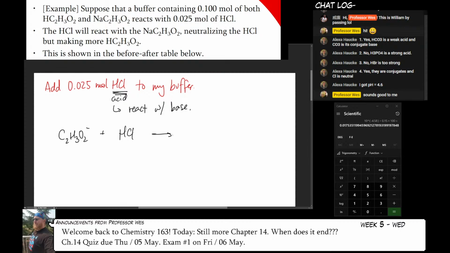And that's going to form this. The Cl minus is just going to hang out, but we don't really care about this, because that's not part of the buffer that we're going to calculate. It's pH neutral. So we'll just ignore it.